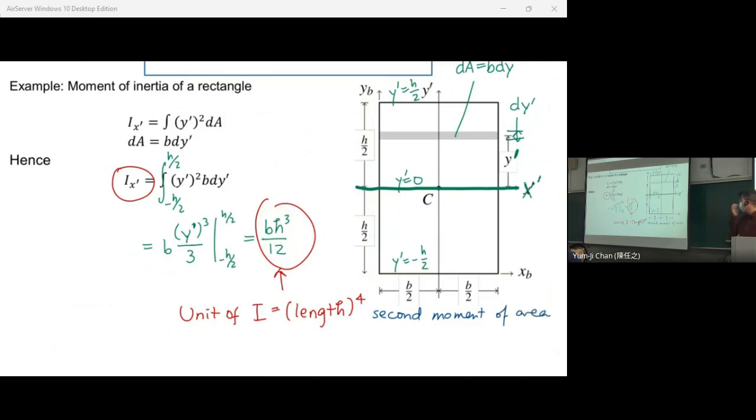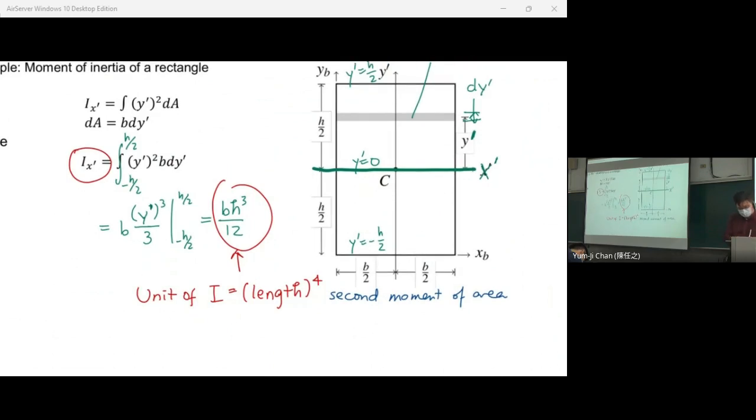So this is in statics. In dynamics, I is equal to mass times length to the power 2, for example, half of m l squared.